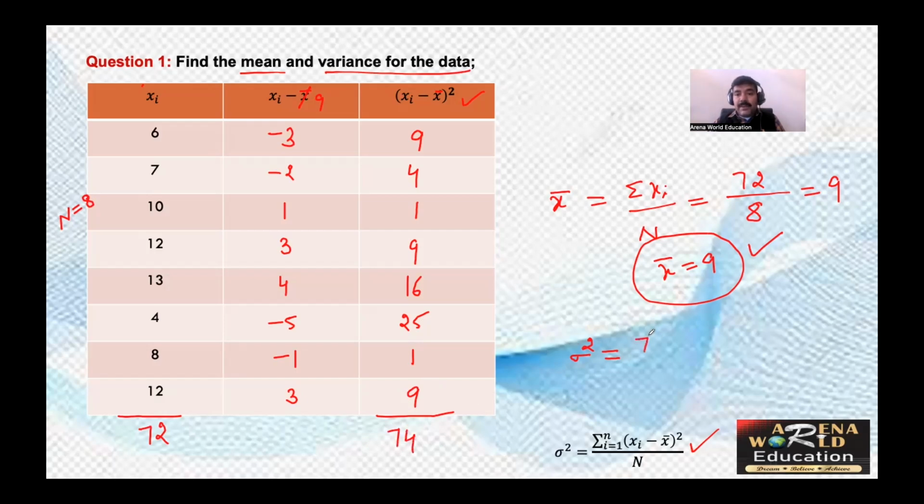Yes, this will be equal to 74 divided by n, and n is 8. So this will be equal to 9.25. So this is your required variance for given data. Calculating variance is very easy as compared to calculating mean deviation about the mean.